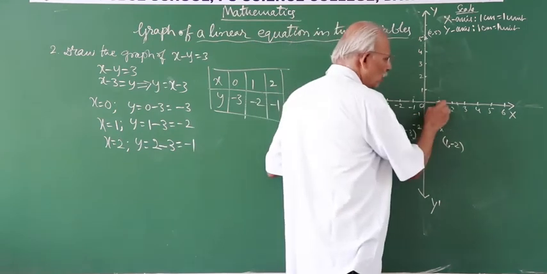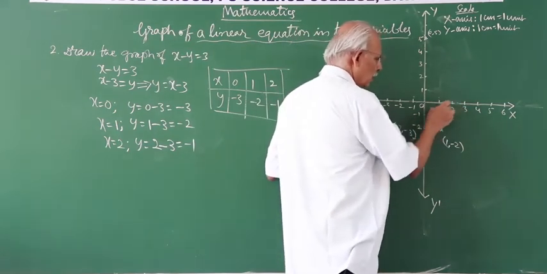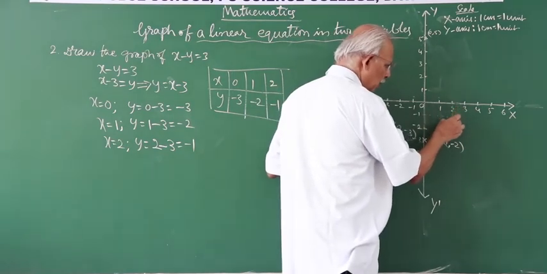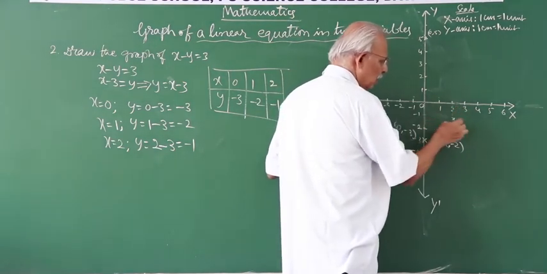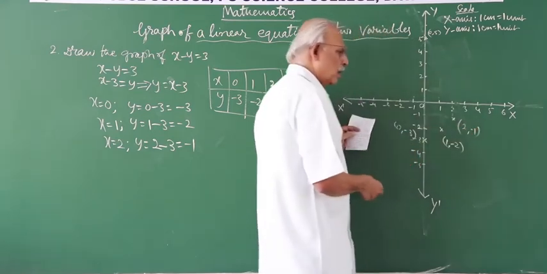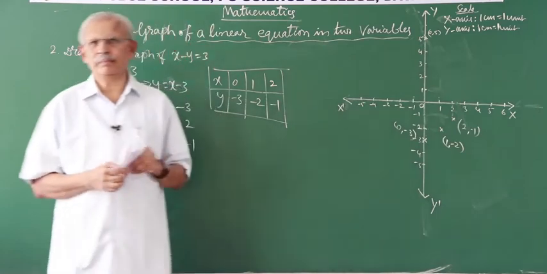Look here, 2 along x-axis, y-axis minus 1. Look here. Come like this. This is 2 comma minus 1. These 3 points are there. Join them.